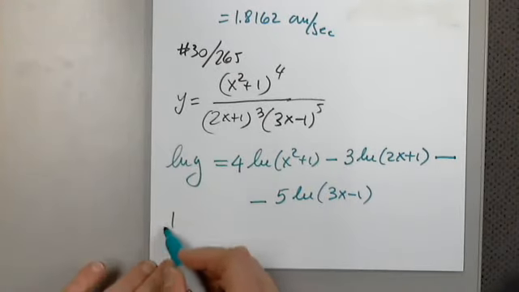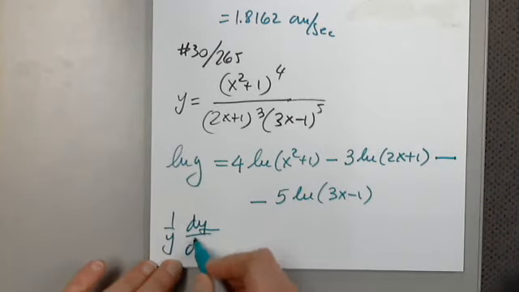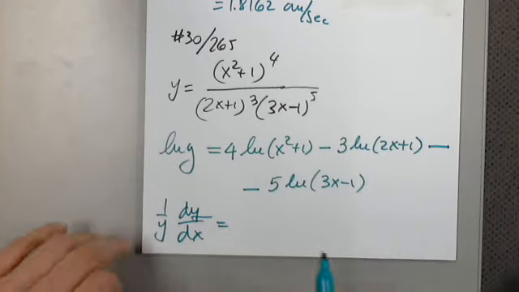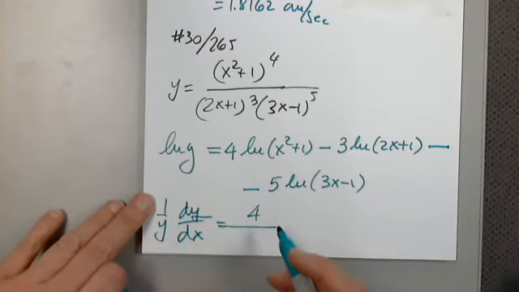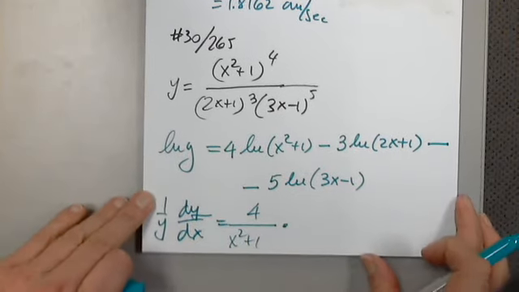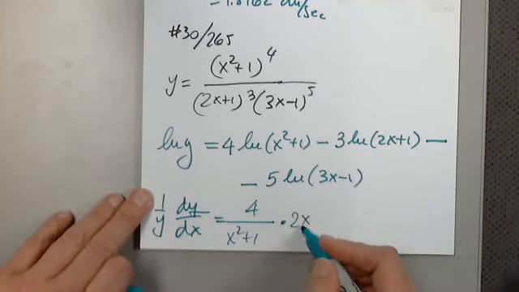So 1 over y dy over dx equals what we get on the right-hand side. 4 over x squared plus 1 multiplied by 2x. Perfect.